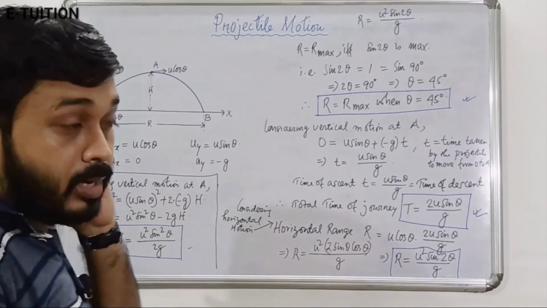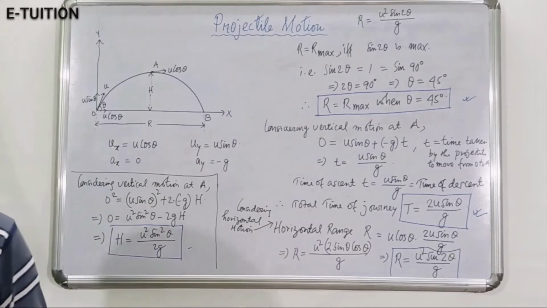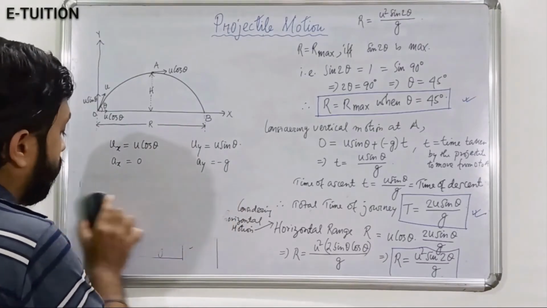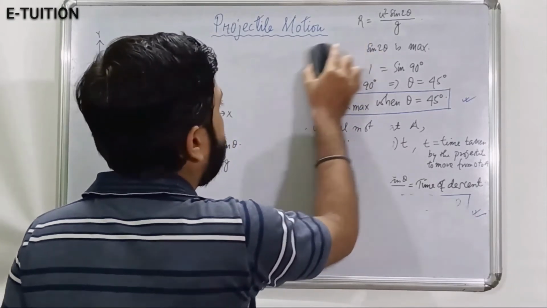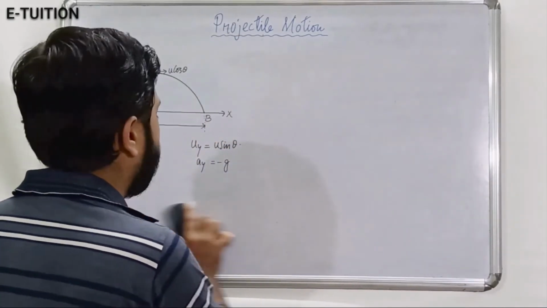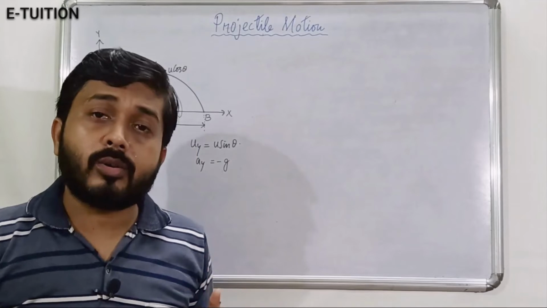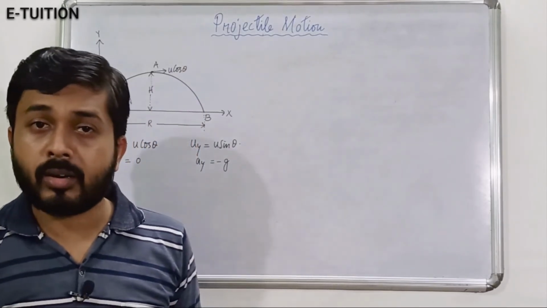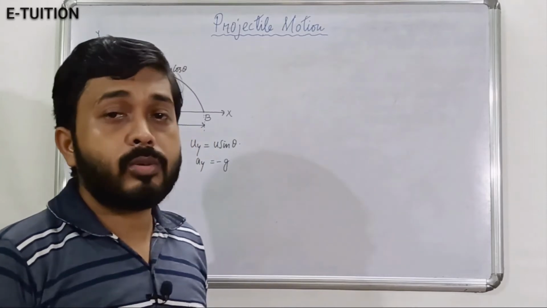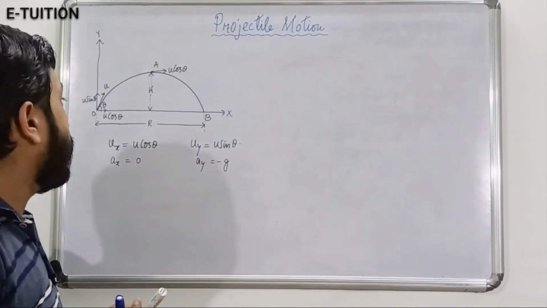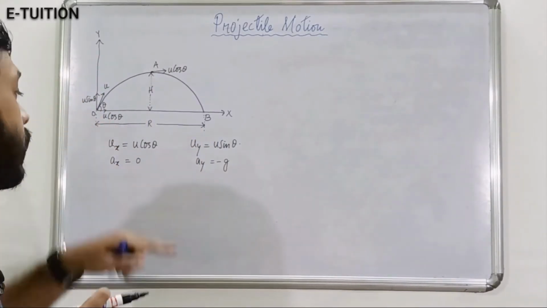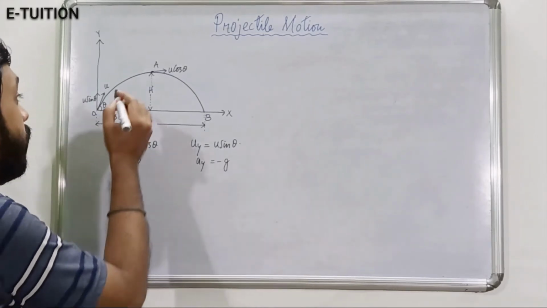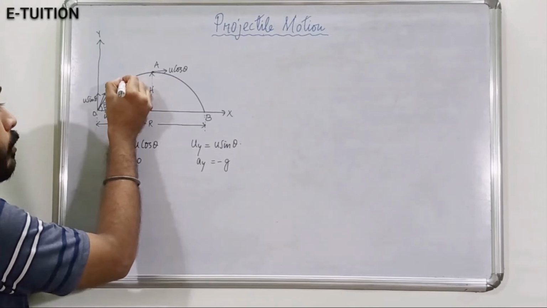Now after that, straight away I'm coming to the equation of a projectile. I need to rub the board. Now see, in order to get the equation of motion of a projectile, or the equation of the path of a projectile, or the equation of a trajectory, we need to consider that the velocity of the projectile after time t was v, and let the point at which the velocity was v be somewhere over here, point P, right?